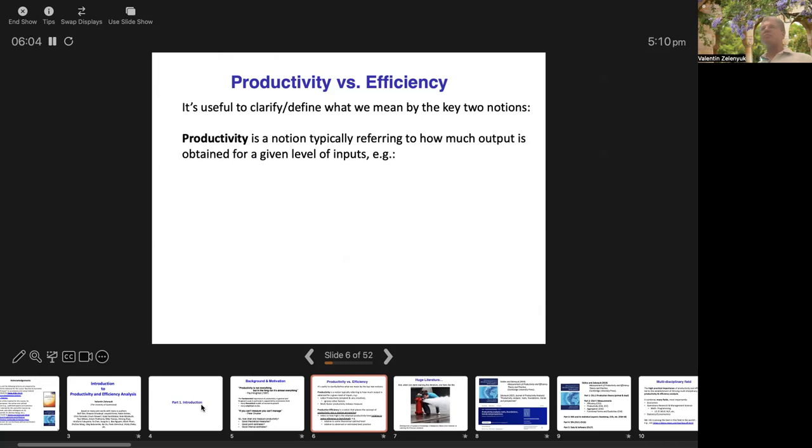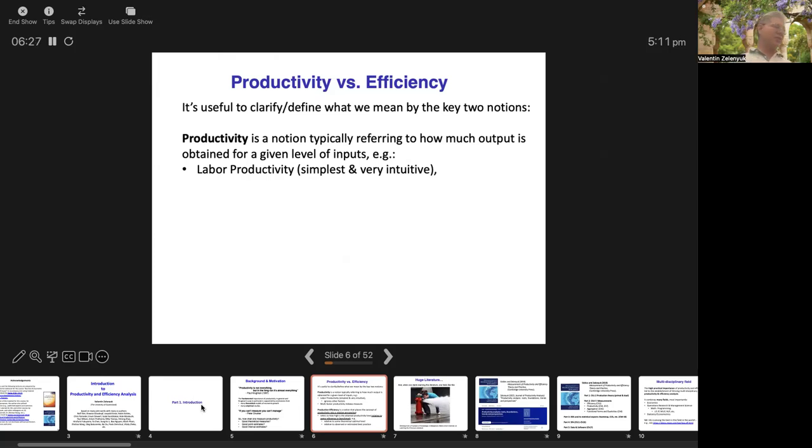In the simplest case of one output and one input, for example, we have one output, let's say GDP or aggregate output, and one measure of labor. We can use this measure called labor productivity.